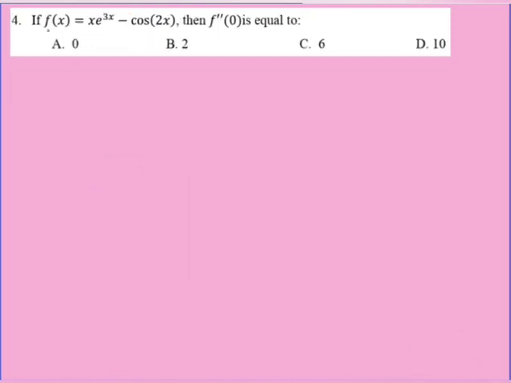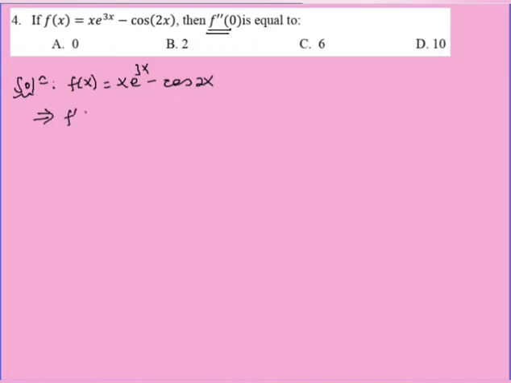If f of x is given here, then we are asked the second derivative of the function at 0. So the function is f of x equals x times e to the power of 3x minus cos 2x. So we need to calculate the first derivative of the function first.